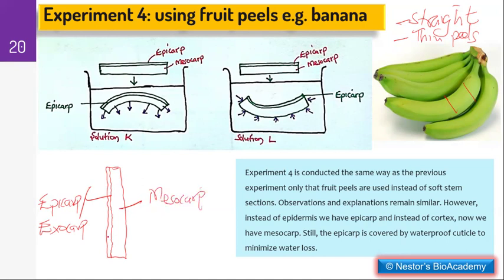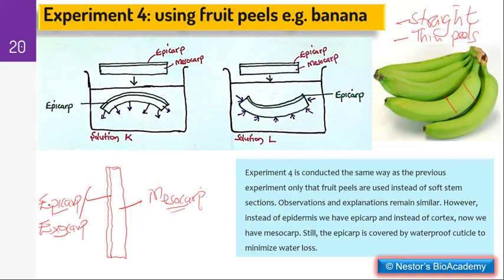So again, in a similar way, the epicarp or the exocarp is always covered by a waterproof cuticle, while the cells of the mesocarp are not covered by a waterproof cuticle. So it means again that the cells of the mesocarp will gain water, or lose water, at a faster rate compared to the outermost cells, which are covered by the cuticle.